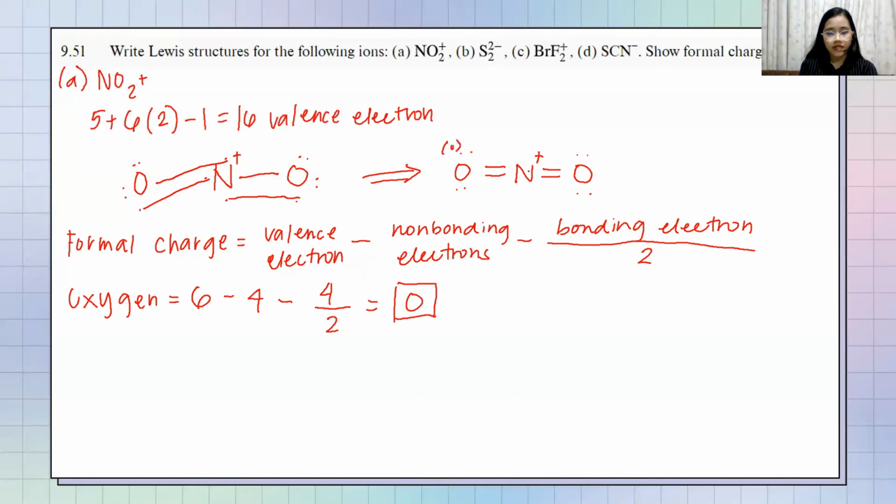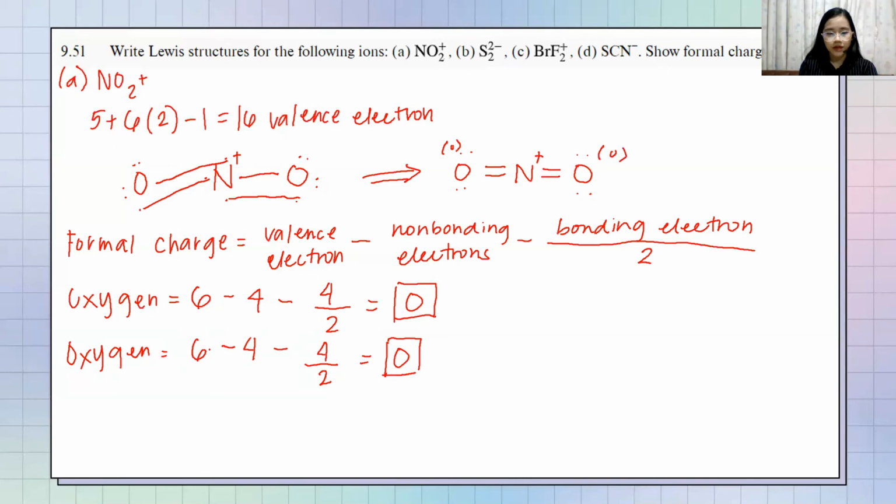So in this side, the oxygen on the right side, oxygen has 6 valence electrons. Same as the first one, we have 1, 2, 3, 4, 4 non-bonding electrons and 4 bonding electrons as well over 2. 0 charge.